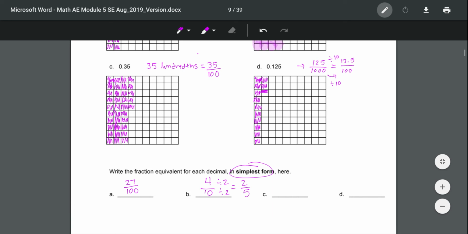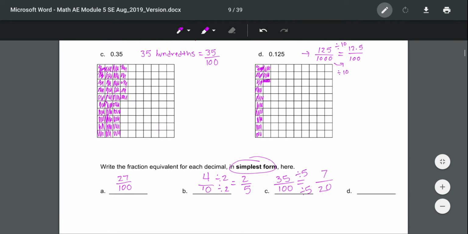Letter C, we got 35 hundredths, or 35 out of 100, which if we reduce, we can divide by 5. 35 divided by 5 is 7, and 100 divided by 5 is 20. So we get 7/20ths. Now 125 thousandths would be our fraction for part D.